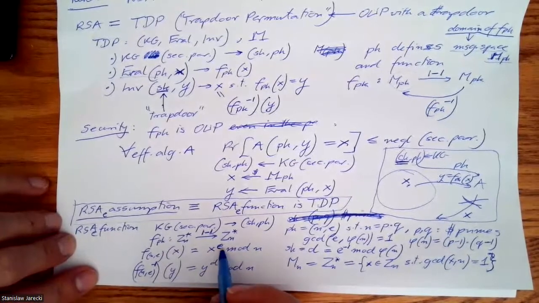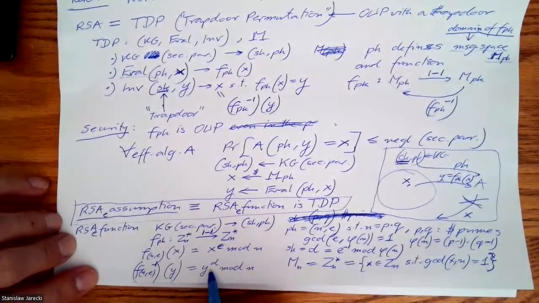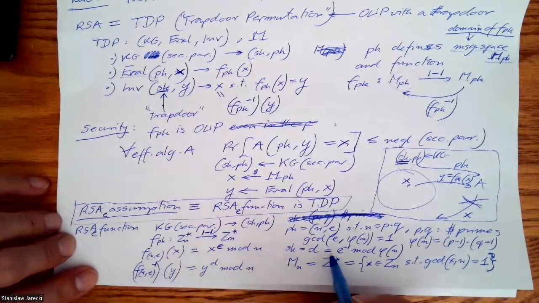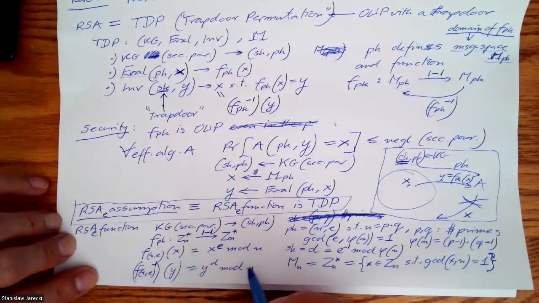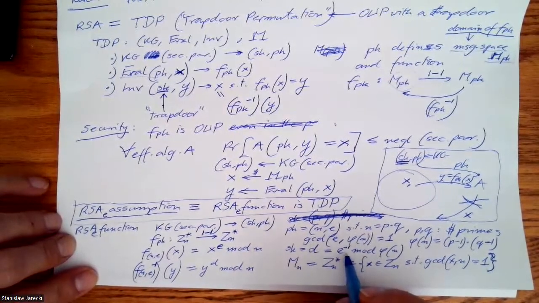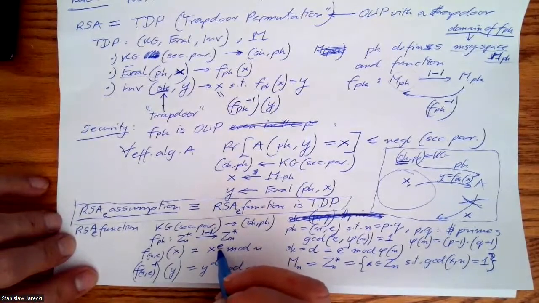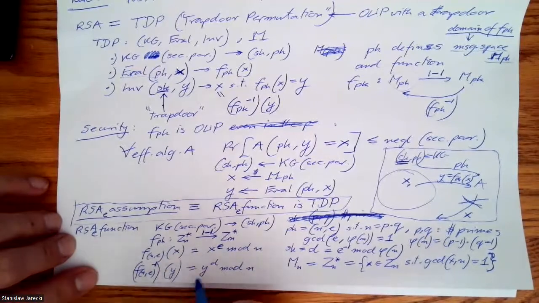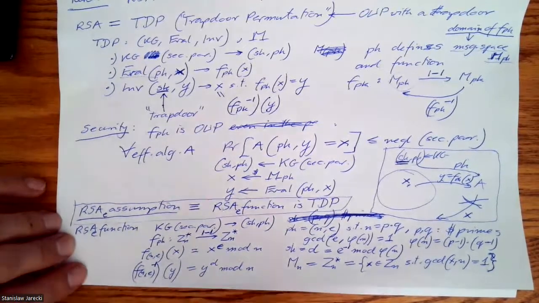If you exponentiate x to the e, and then take that to the d, you get x to the e times d, but mod phi of n, because that's the modulus that works in the exponent. But d and e are set so that d times e mod phi of n is 1. So x to the ed is really x to the 1, so it's x. That's the proof that this function inverts that one. We did it last time.